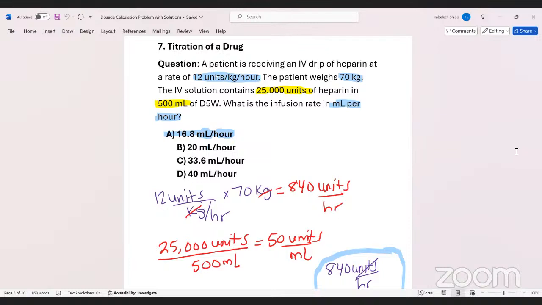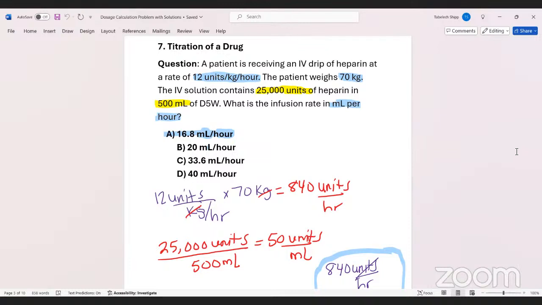So yes, we did this question yesterday, and what I was showing them, you have units in that first number right there, 12 units per kilogram per hour. Then they gave you the patient's weight, 70 kilograms, which was the 840 units. When you multiplied those two numbers, we crossed out our kilograms and we were left with 840 units per hour.